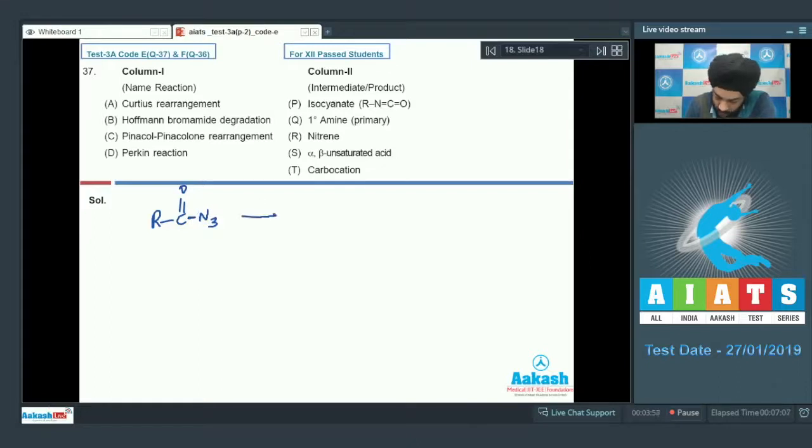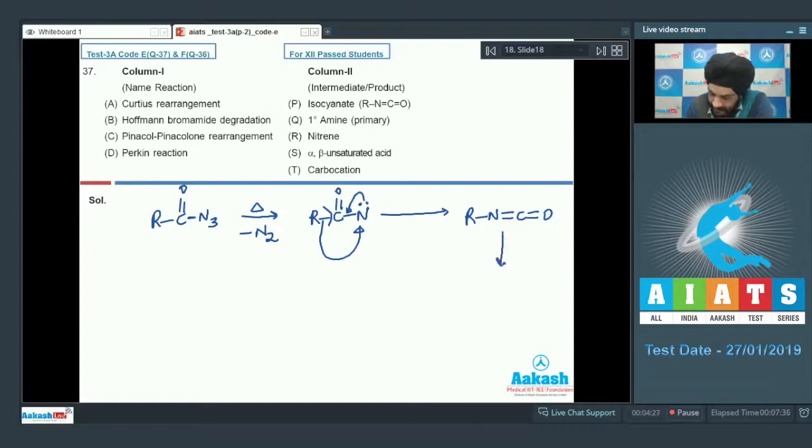So when this is allowed to heat, there is a loss of N2 and the acyl nitrene is formed, although it is not isolated. Now this nitrene undergoes rearrangement. The lone pairs attack here and the R group shifts onto the nitrogen, leading to the formation of isocyanate.